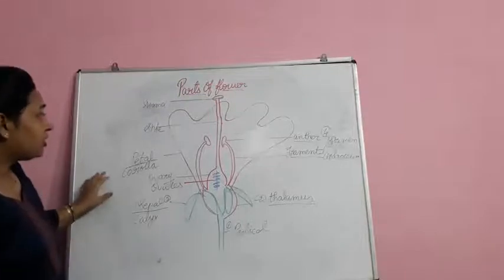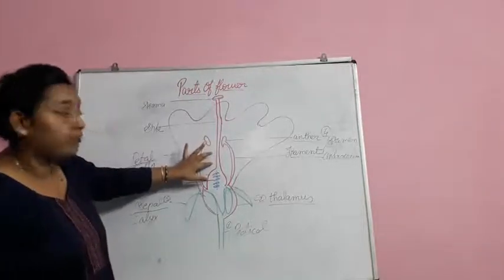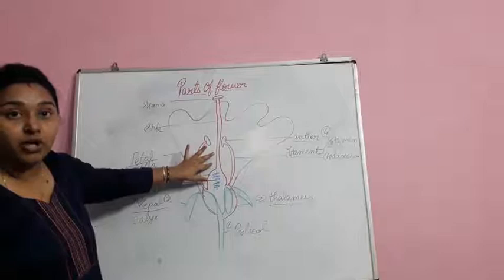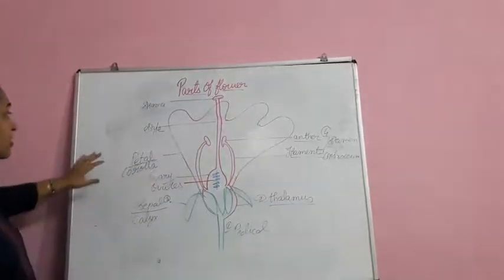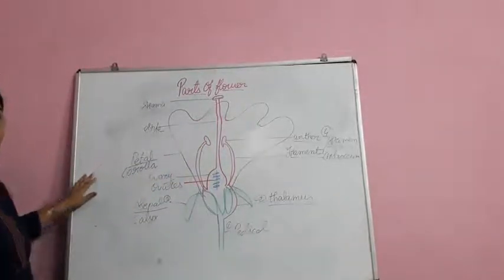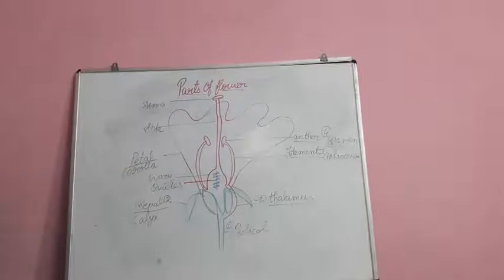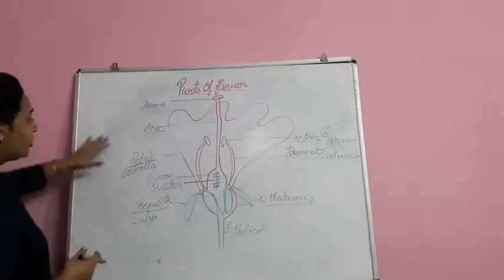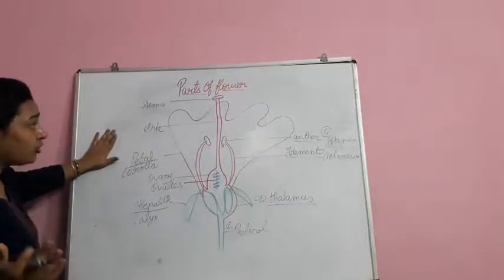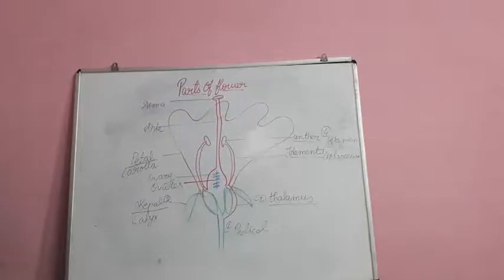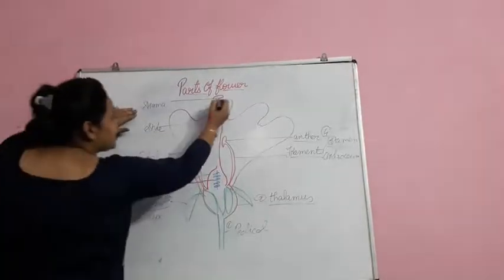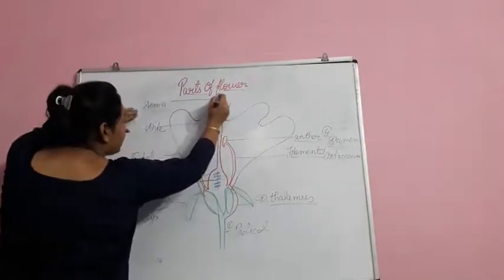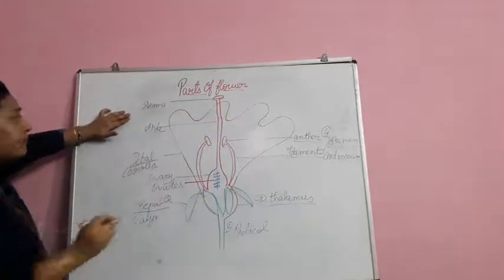Now coming to this long elongated portion, this is the female reproductive part and is called either the gynoecium, or it is also called the carpel. Okay, so you can call it a carpel, or you can call it a gynoecium. This upper portion which you can see is called a stigma.